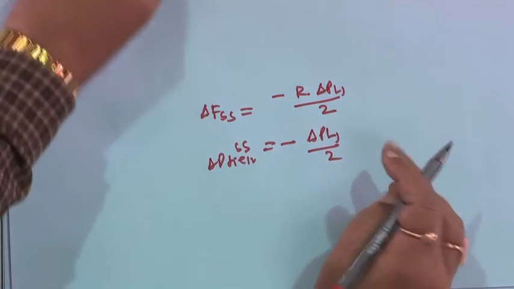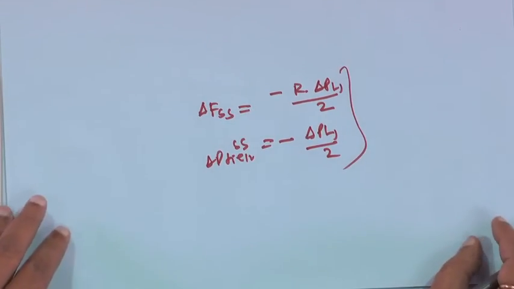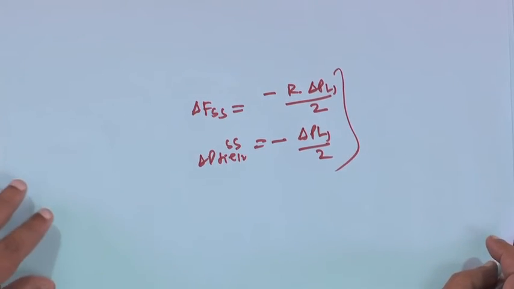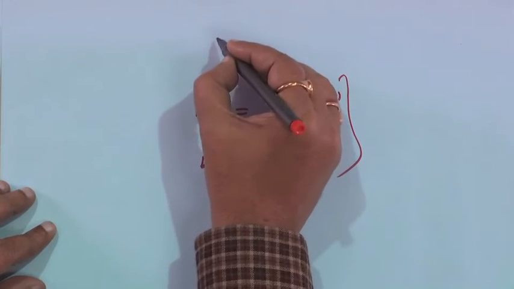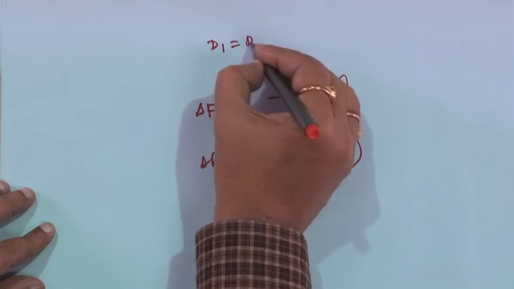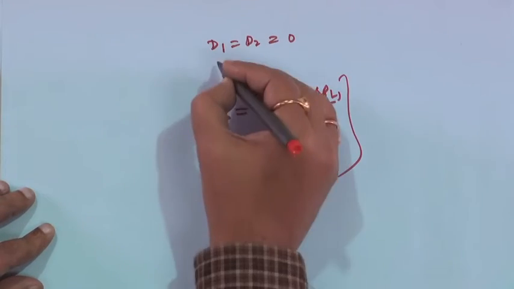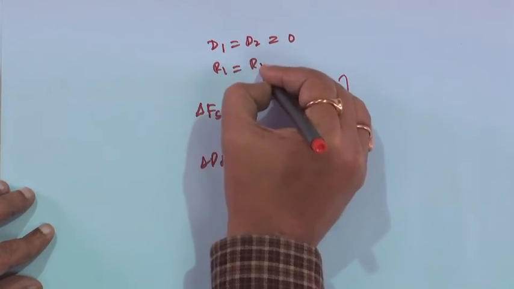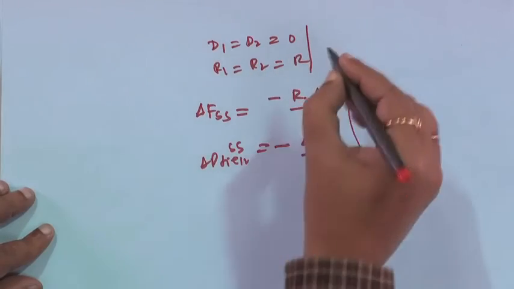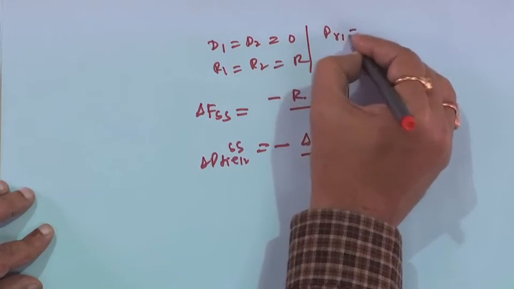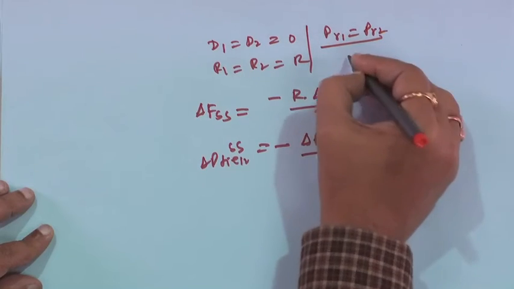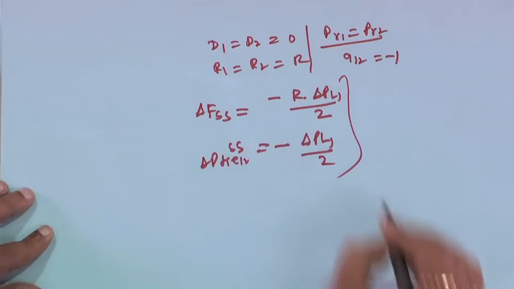This will be very helpful from a numerical point of view. So the conditions we have taken are D1 equal to D2 equal to 0, R1 equal to R2 equal to R, and in addition PR1 equal to PR2, such that A12 is equal to minus 1.